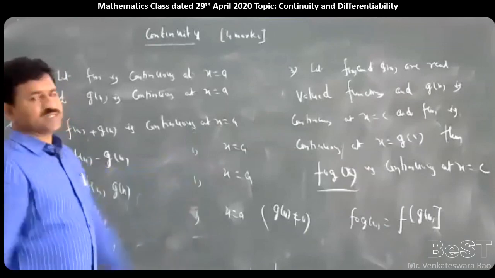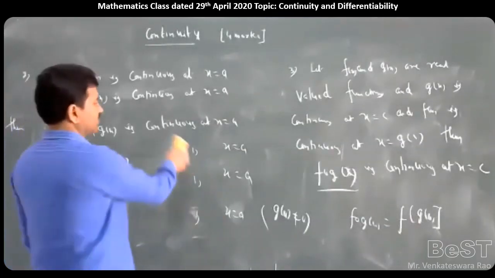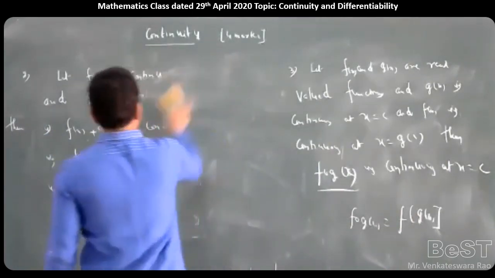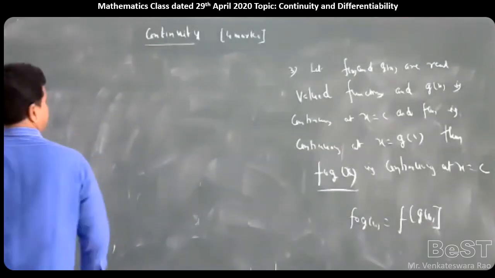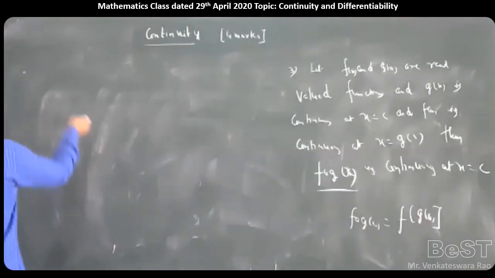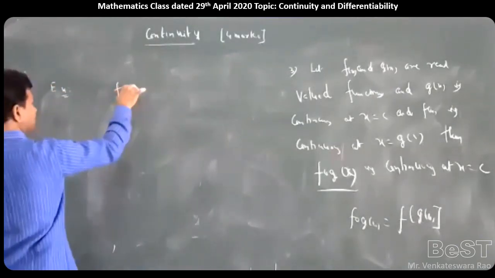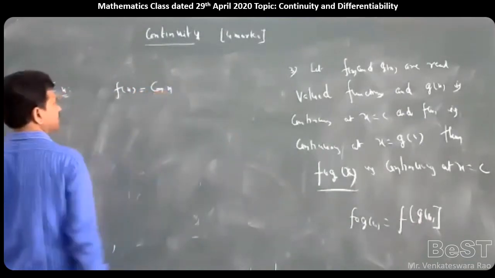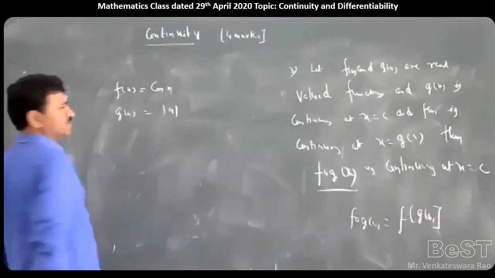This discussion is there in functions, and it is there in derivatives too. What is a composite function? I'm taking one example here to define this property. Let f of x is equal to cos x, and g of x is equal to mod x.